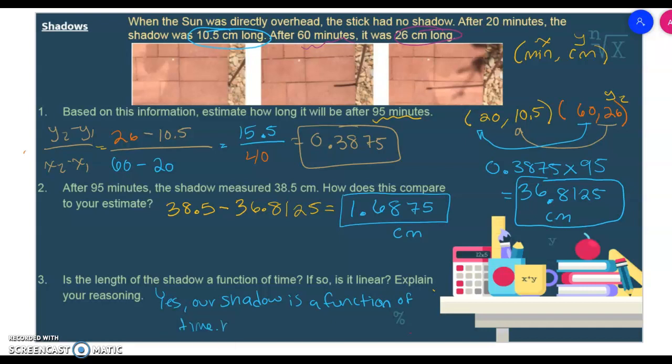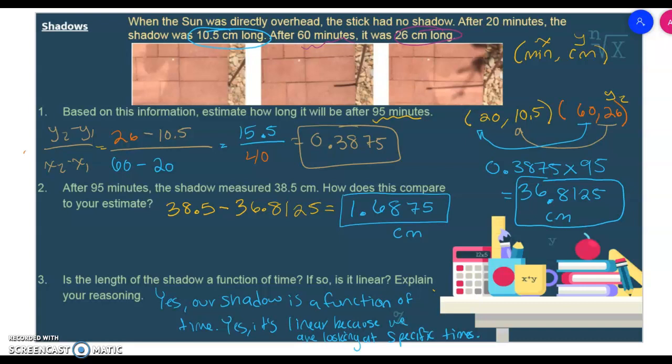Then you can say, so yes, it's linear because we are looking at specific times. So in the example, we know at noon there was no shadow.